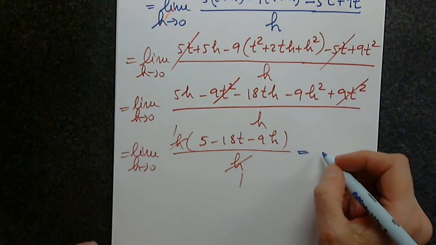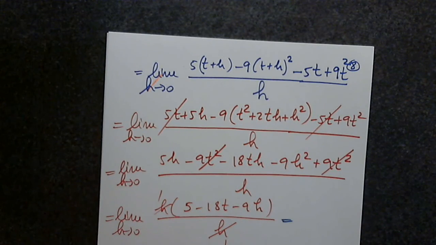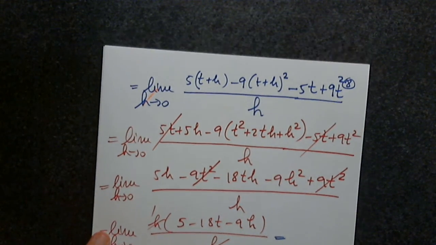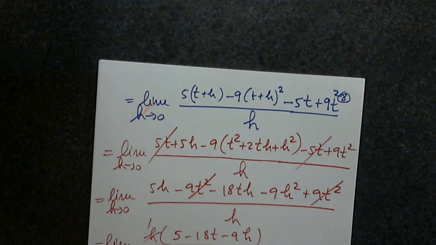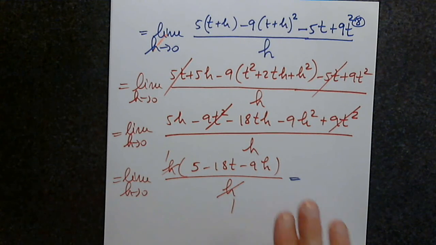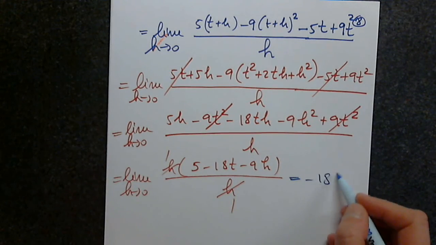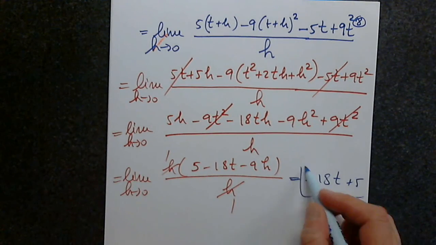And the answer is? Can you explain? Yes? You do that a couple times. What's the thought process behind when you can remove the limit operator? I remove the limit operator when I replace h by 0. Never before. Now I can remove the limit operator and write negative 18t plus 5.